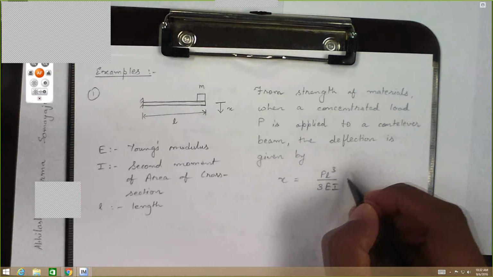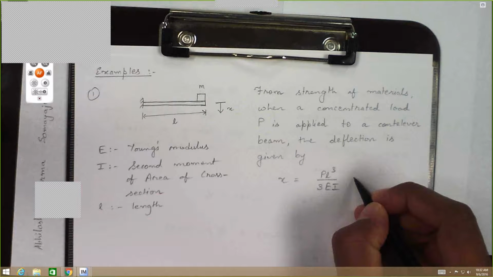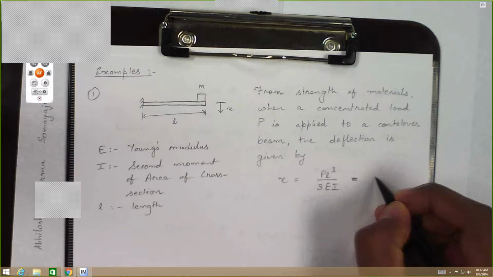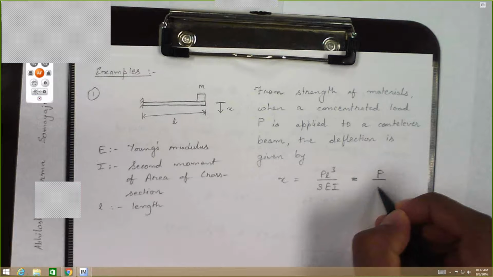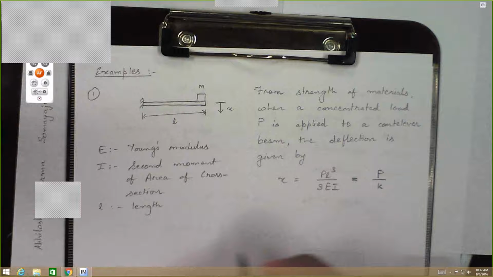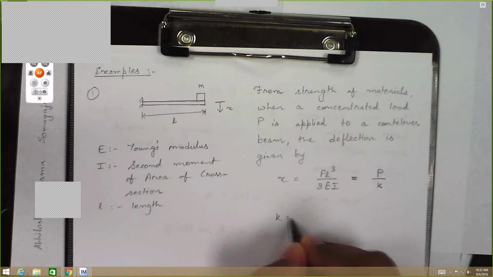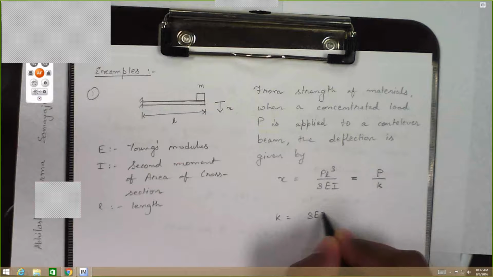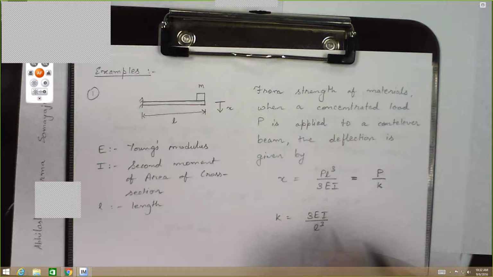So from this we can see that actually this cantilever beam indeed does behave like a spring whose spring constant is given by 3 times EI over L cubed.